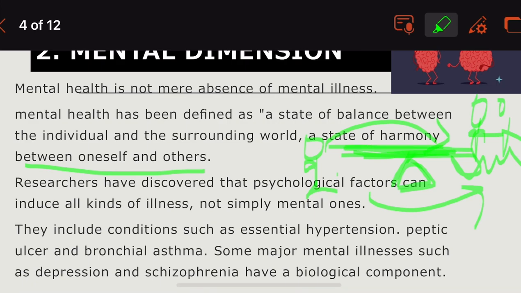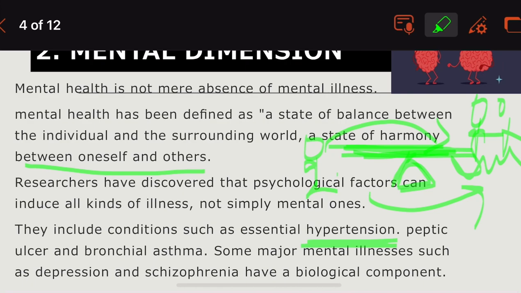Researchers have discovered that psychological factors can induce all kinds of illness, not just the mental ones. There are also the physical, pathological illnesses which the patient faces because of deprived mental health. What are those? They include essential hypertension, obviously, peptic ulcer diseases because of the stress, anxiety, and then lifestyle disorders.